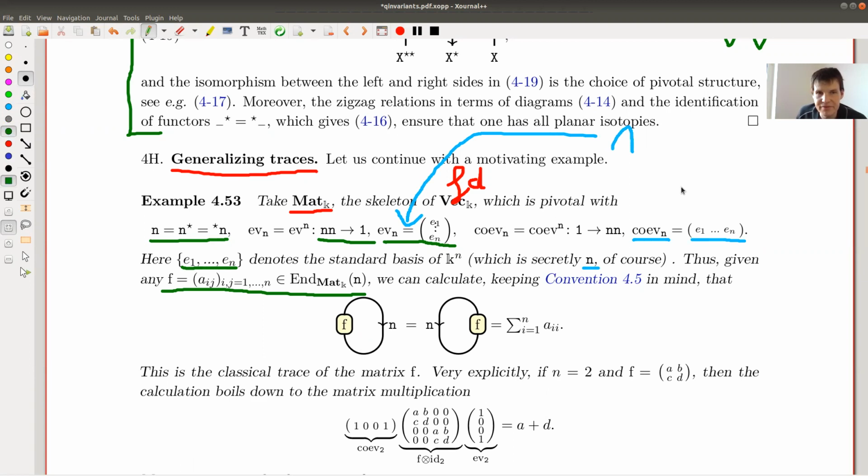Orientations do not matter because everything is self-dual here anyway. And this is a cap.